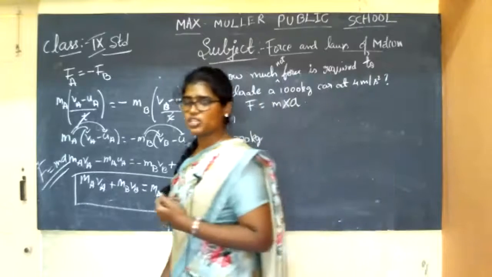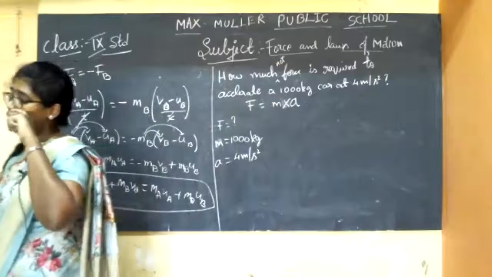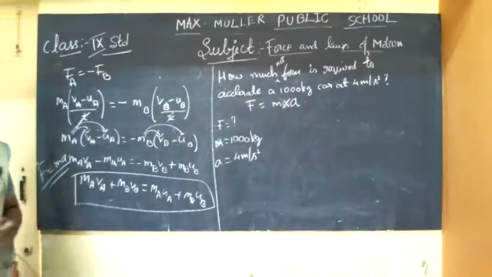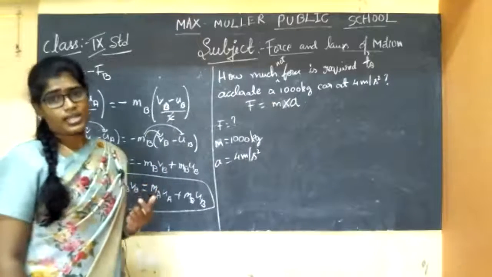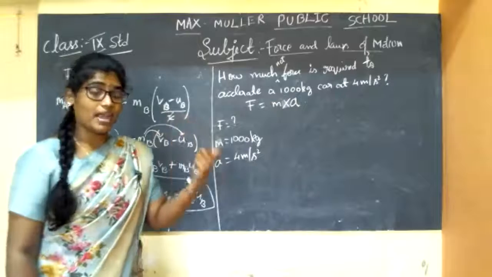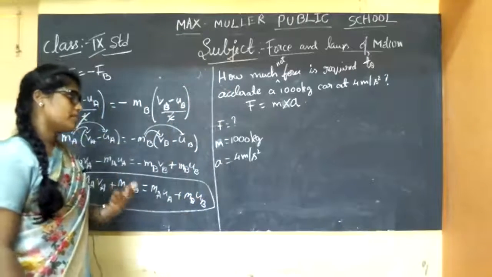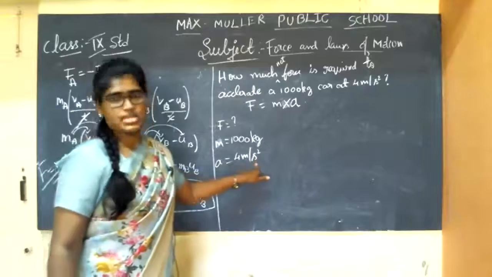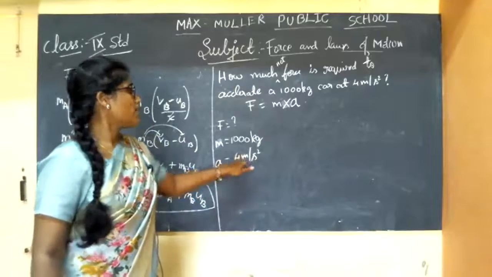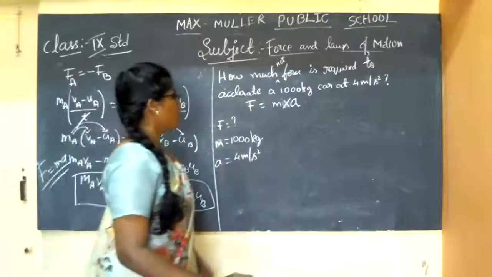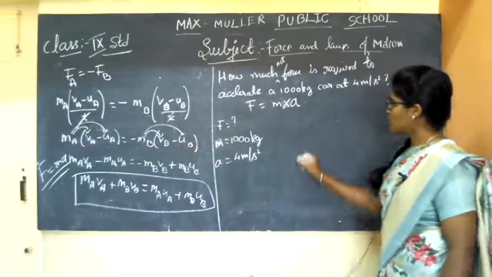Why is acceleration measured as meter per second square? Because velocity is distance by time, and acceleration is the difference in velocity divided by time. Time into time will be time square, so it will be second square. Acceleration is meter per second square. Now let me substitute in the formula.